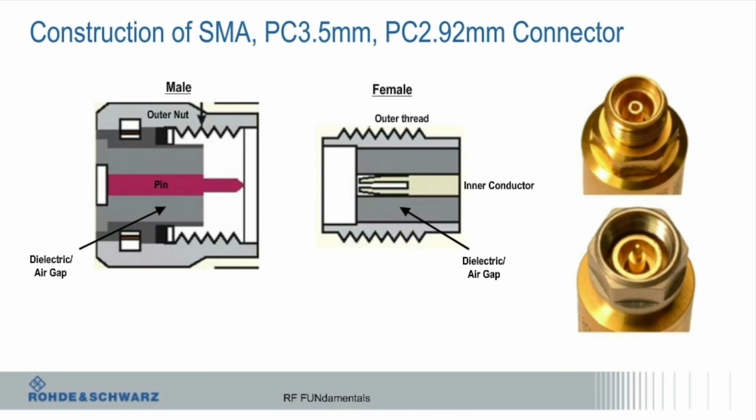When you're connecting the male connector that has the nut that spins, that's the one you always turn. Don't turn the other one. That's how you'll degrade the outer conductor. For example, some of the better connectors are gold plated, so they have some thickness of gold on them. When you don't spin it correctly, you're going to scrape off some of that gold. So turn the nut, not the thing.